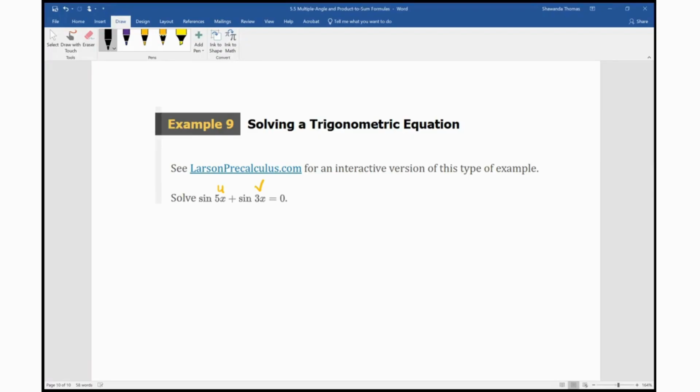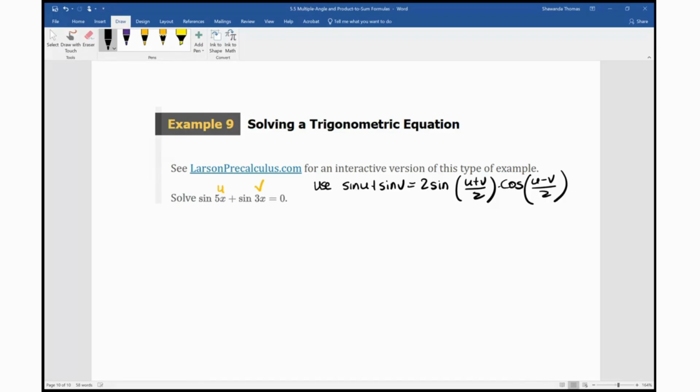Let me write it out. Use sine of u plus sine of v equals 2 sine of (u plus v) over 2 times cosine of (u minus v) over 2.